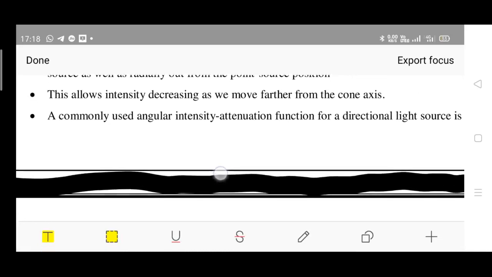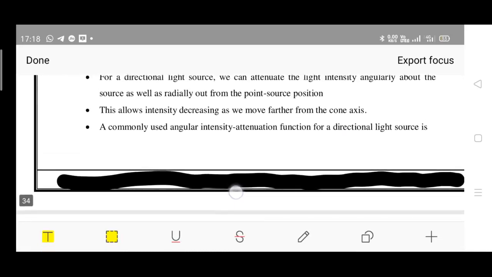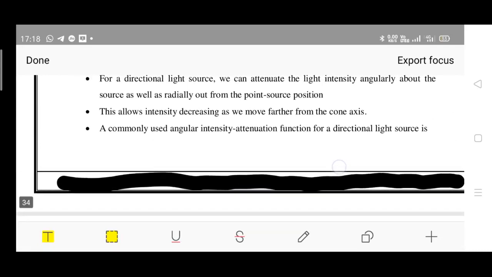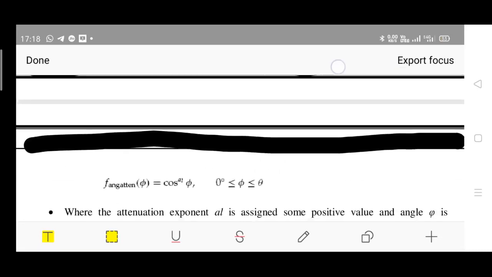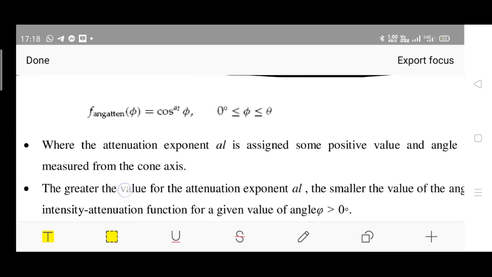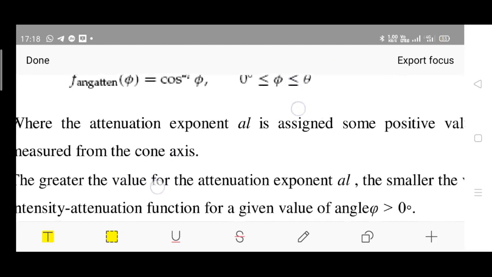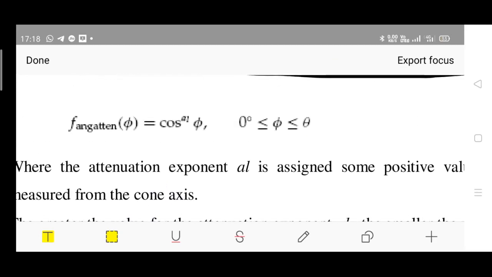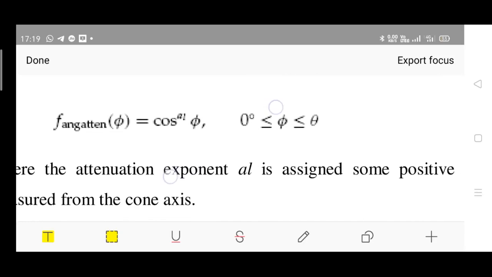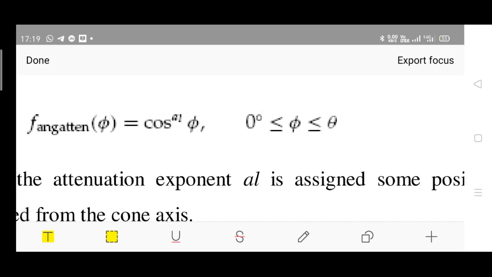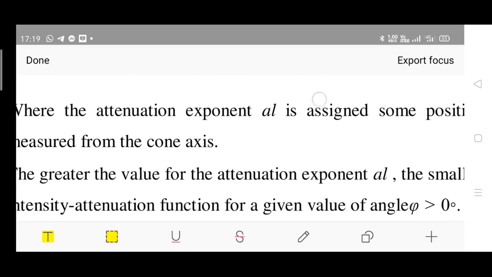So the commonly used angular intensity attenuation function for a directional light source is this formula: the intensity attenuation function f of phi. This notation is used for the cone structure, in the sense of a spotlight. It is cos of phi to the power a l, where phi lies between 0 and theta.